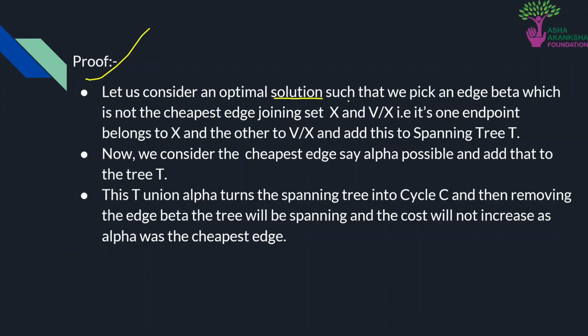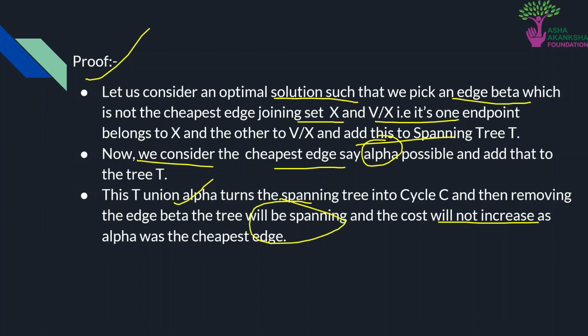If I consider an optimal solution which picks an edge beta, which is not the cheapest edge between the set X and V minus X, and adds this to the spanning tree T. Now if I consider the cheapest edge, say alpha, which joins the set X and V minus X, and if I remove beta and add alpha, the cost will not increase and the tree will still be spanning and acyclic. Therefore, it is necessary that edge alpha, which is the cheapest edge connecting X and V minus X, should be included in the MST.